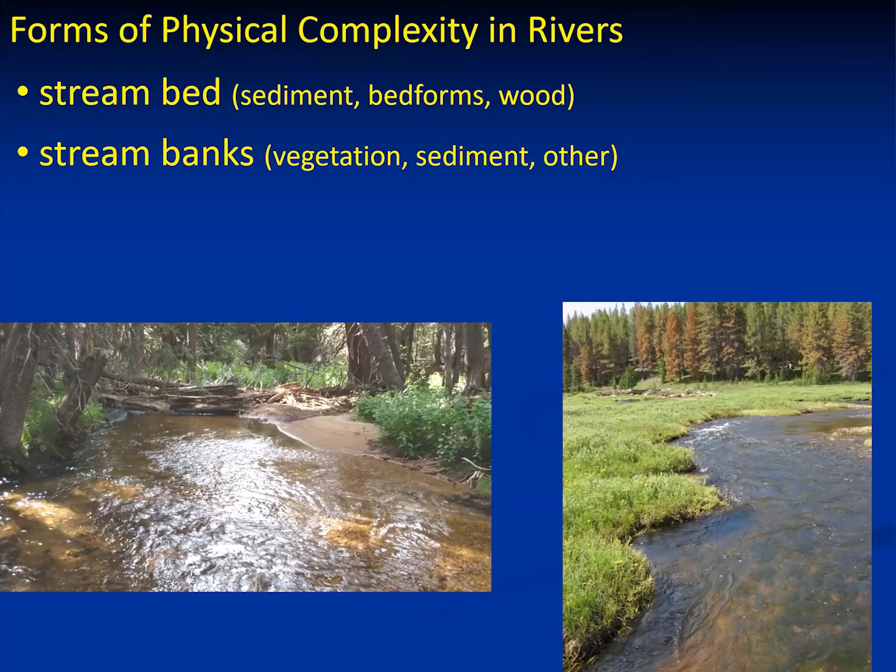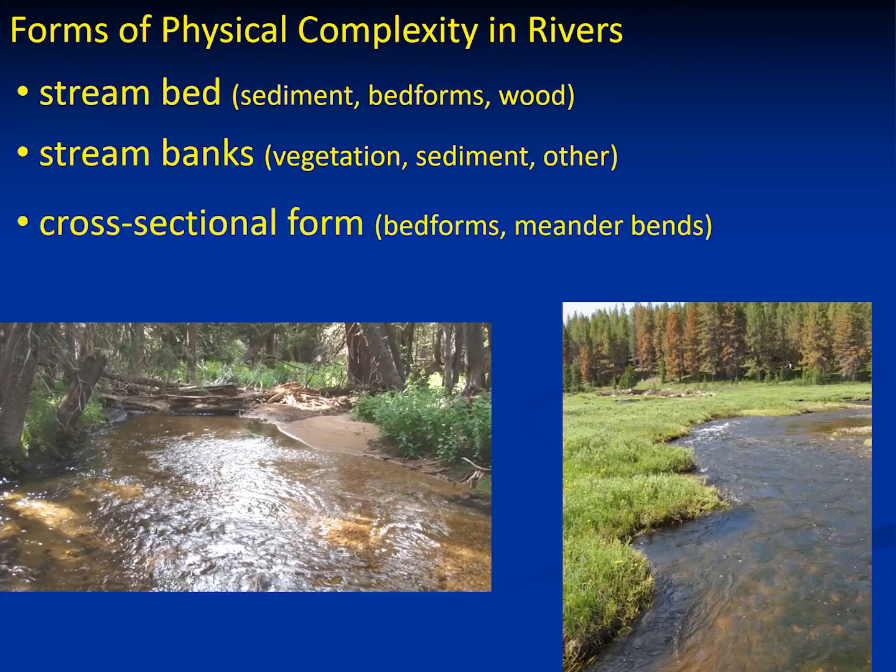So small scale irregularities, as you see here in a subalpine meadow, small channel, or meander bends, other sources of irregularities associated with expansions and constrictions, or root wads, large boulders, etc. Cross-sectional form.